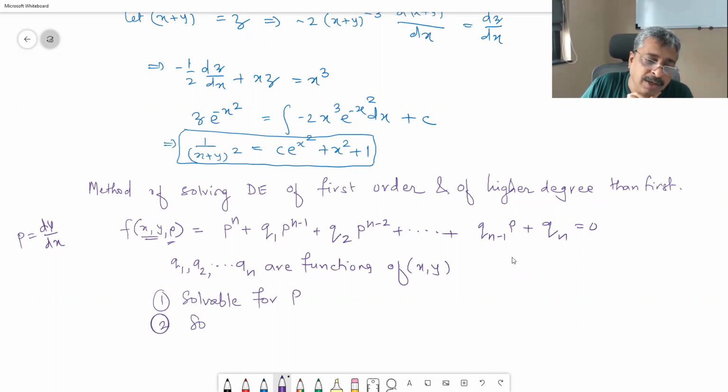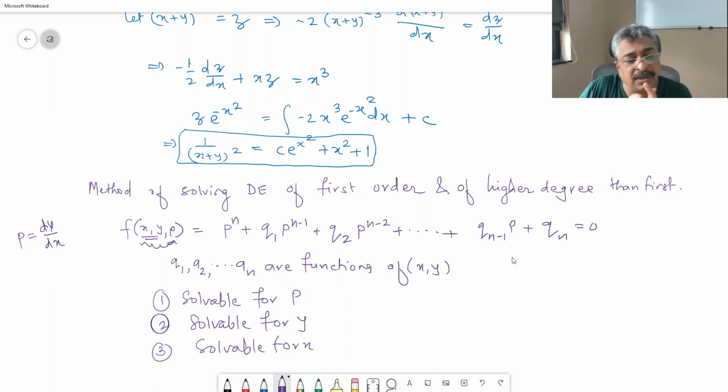Second, solvable for y. And third, solvable for x. So these are the 3 cases in the differential equation. You check what is convenient to you to solve and deal with it. We will see all the 3 ways of doing it.